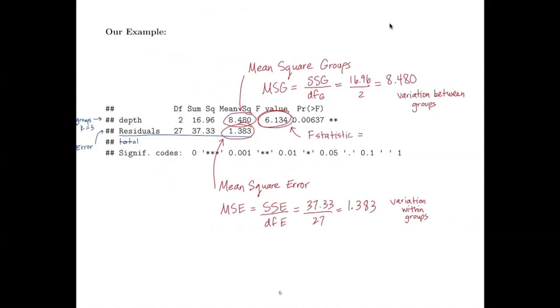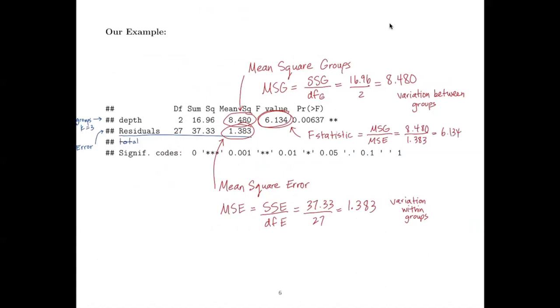It's always the mean squared groups, the variation between groups, divided by the mean square error. So in this case, we do 8.480 divided by the 1.383, and that's how we get 6.134.